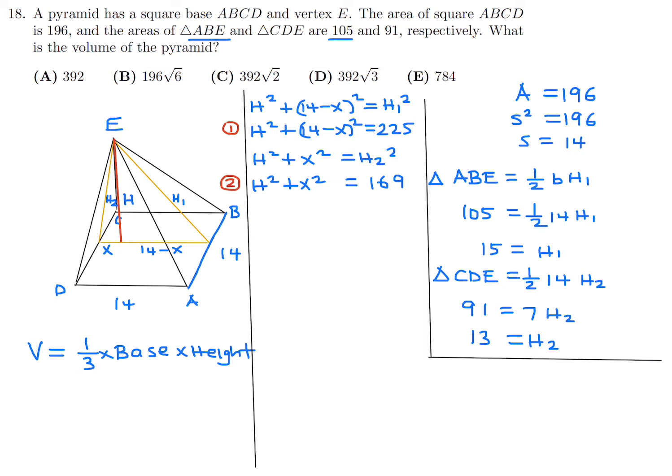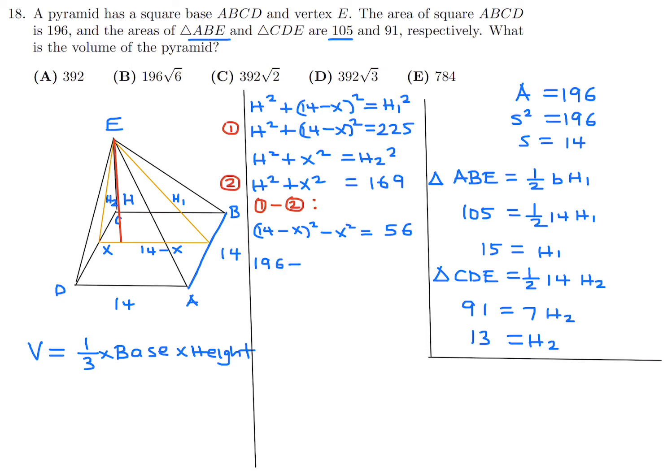And then if I do 1 minus 2, that should give me the opportunity to solve for one of these variables. So 1 minus 2 will give me (14 minus x) all squared minus x squared, and on this side, 225 minus 169, which is 56.